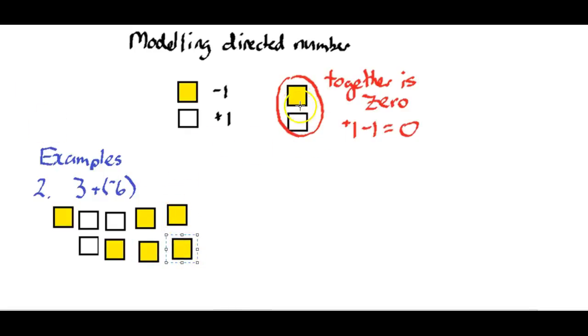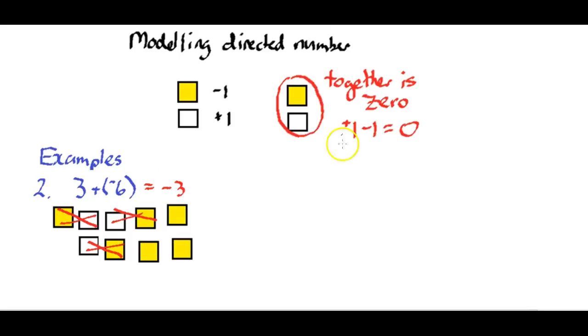Now if I see a coloured and a white counter together, it becomes a 0 pair, and we can take them out. So I'm just going to cross them out. So that is a 0 pair, that's a 0 pair, and that's a 0 pair. And so what I'm left with is 1, 2, 3 negative counters.